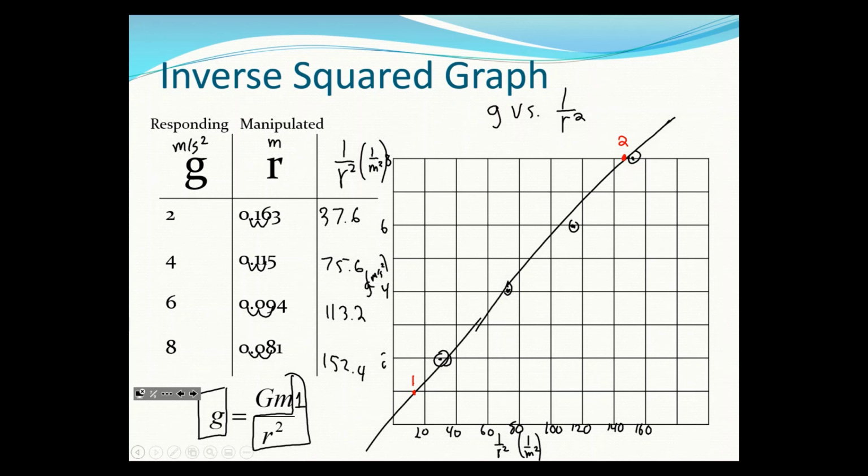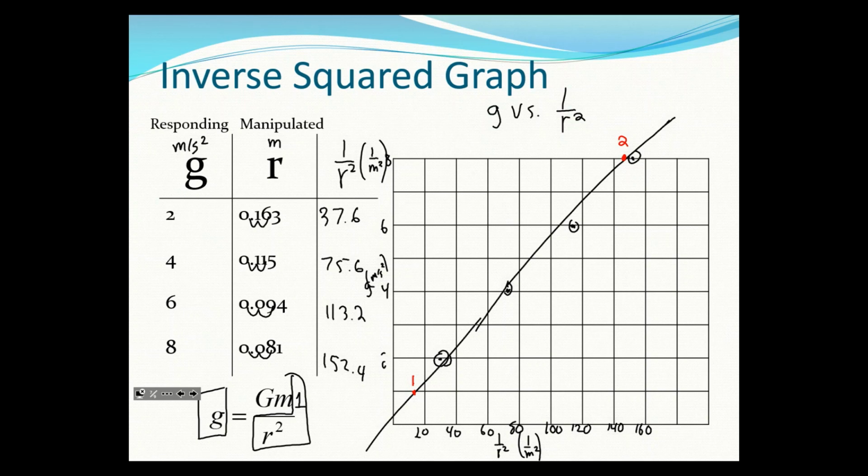Okay, so my y2 is 8 meters per second squared. My y1 is 1 meter per second squared. And then my x2 is, I'd say, 145, 1 over meter squared, and about 15, 1 over meter squared. Not the best points to use, but not the greatest graph either.